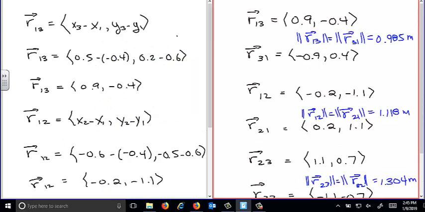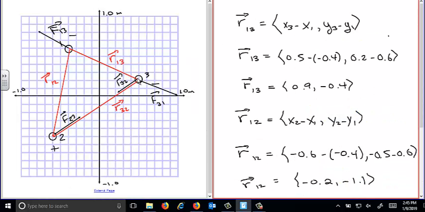Okay, let's go back over here. So F32 is negative, negative. F23 is positive, positive. Okay, so that's good. Let's go ahead and check the last one. That's the interaction between these two. So they're opposite charges, so they're going to be attractive.